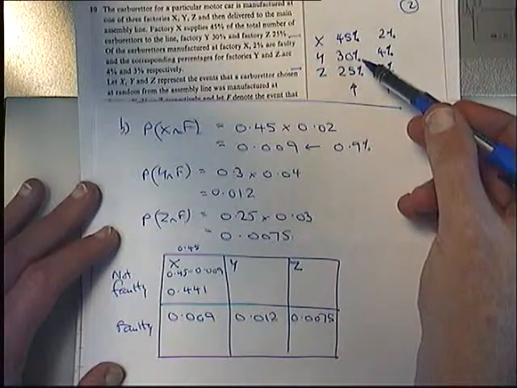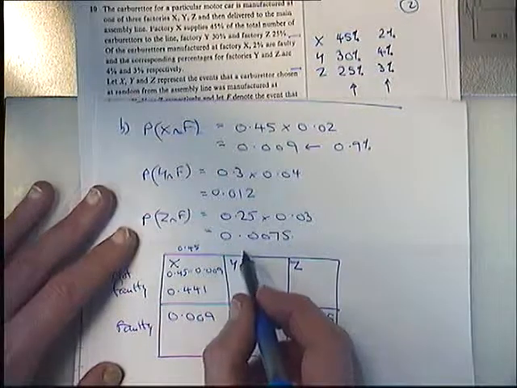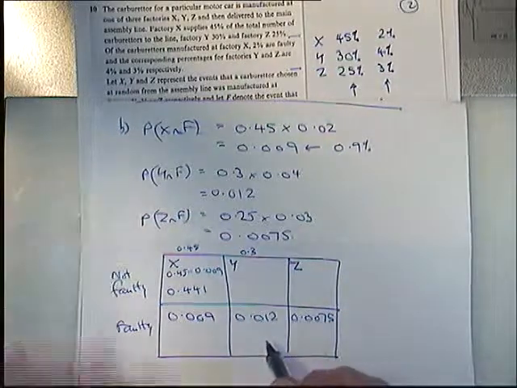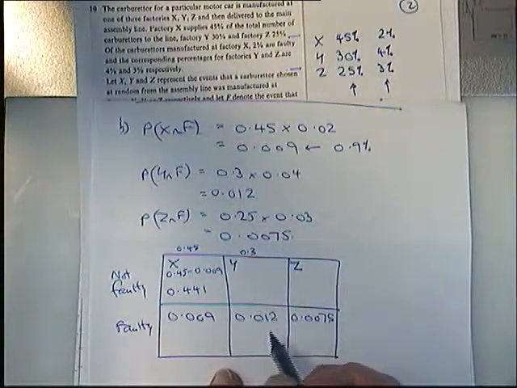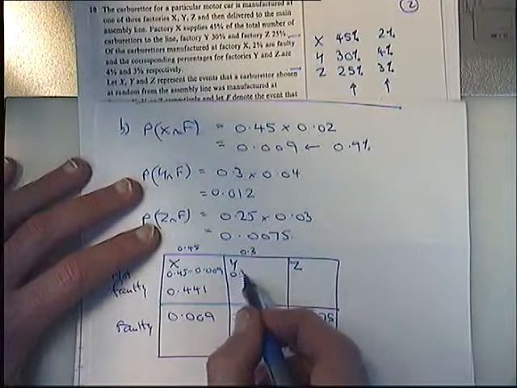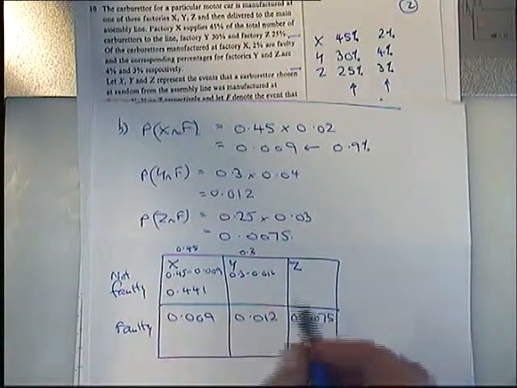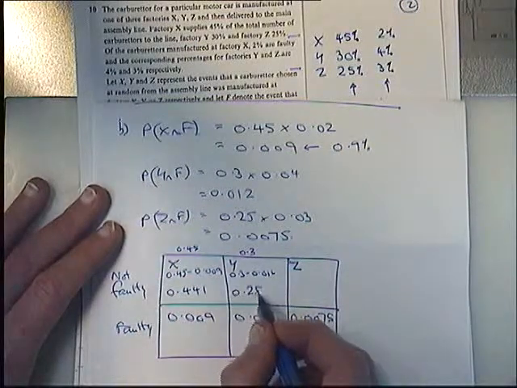And you can do that for each one. I know earlier Y is 30%, so there's a 0.3 in this Y section here. And if there's 0.012 down here already, then up the top it's going to be the difference between the two. If I work that out, it's 0.288.